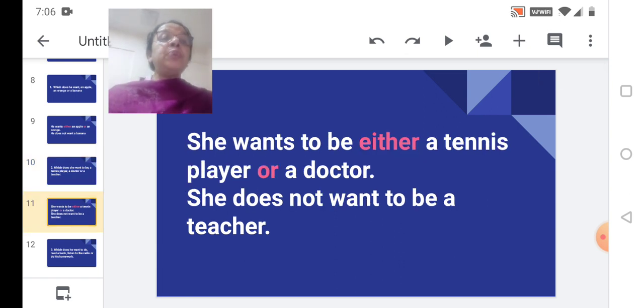She wants to be either a tennis player or a doctor. The first sentence, she wants to be either a tennis player or a doctor. Second sentence, she does not want to be a teacher.